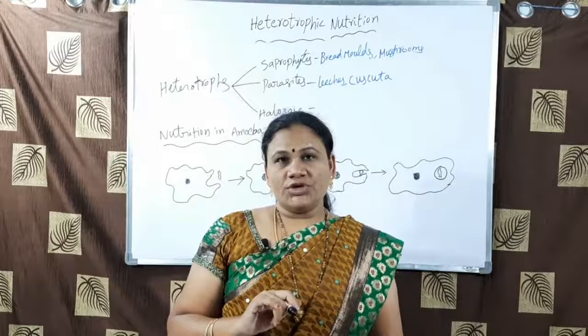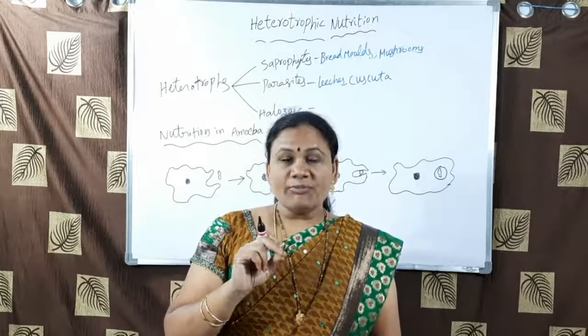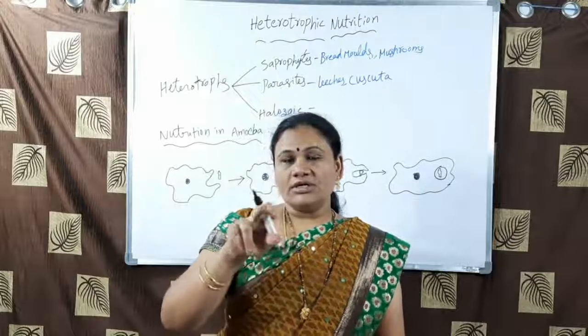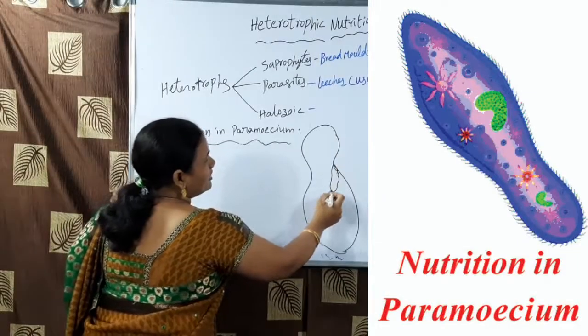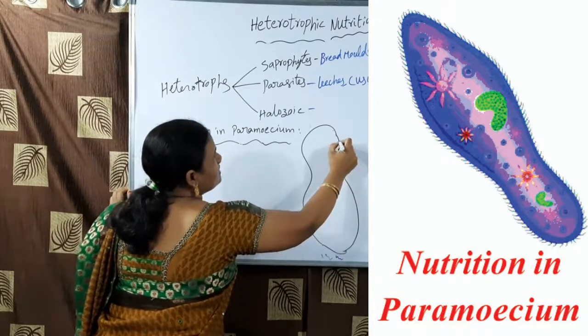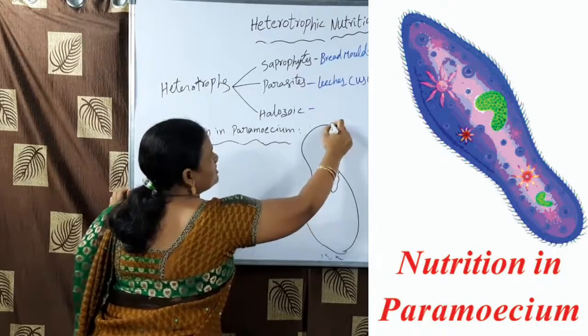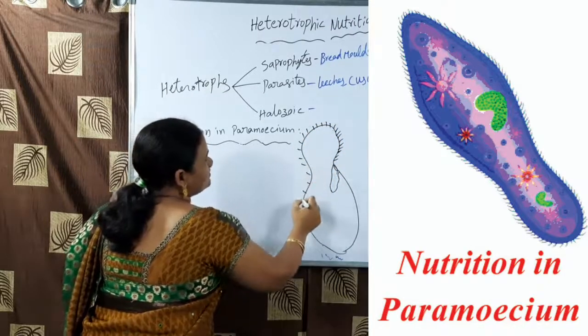Food is moved to that specific spot with the help of cilia which surround the body. That means you know how the Paramecium's food enters into the body. How? With the help of cilia. These are all cilia, small hair-like projections which cover the entire body of Paramecium.